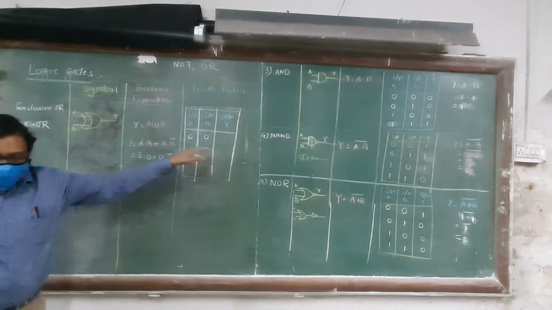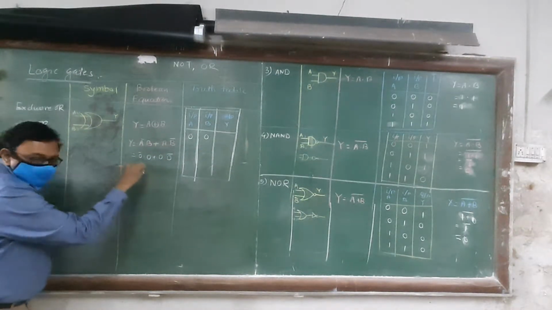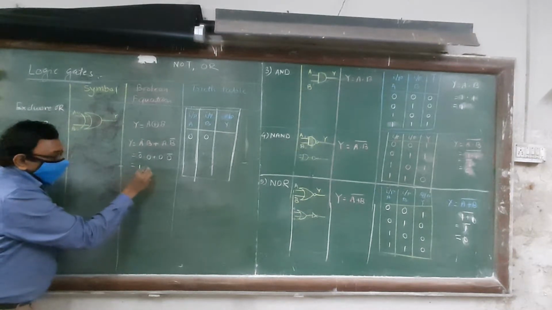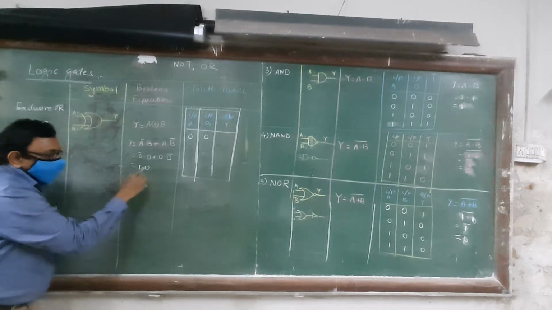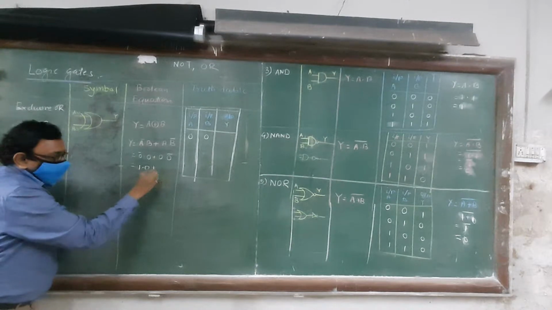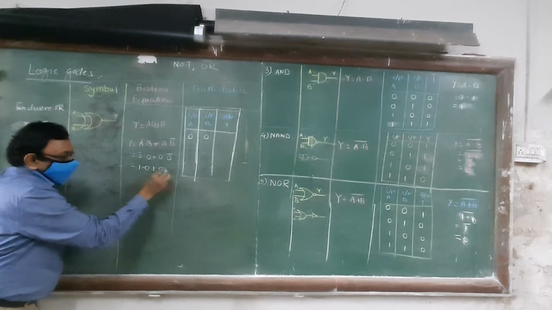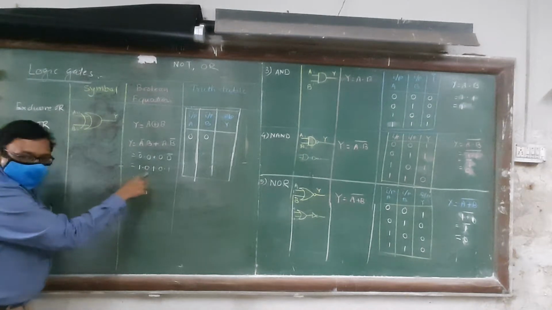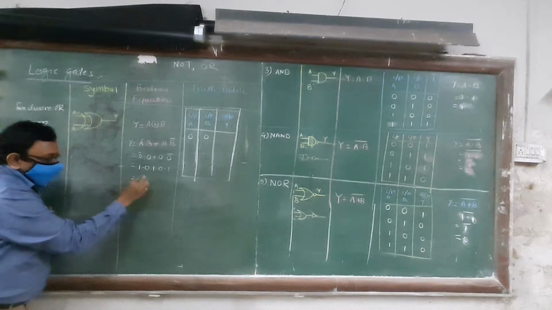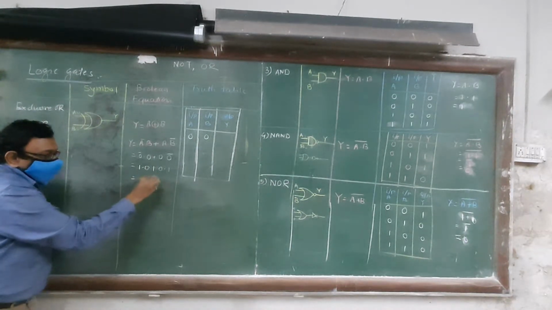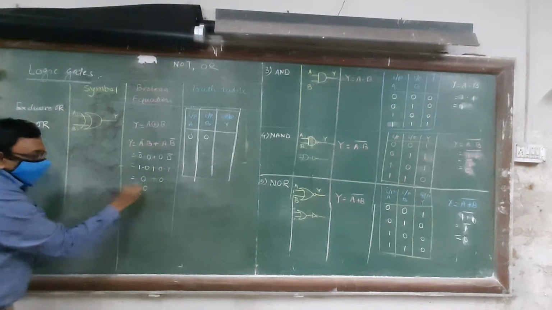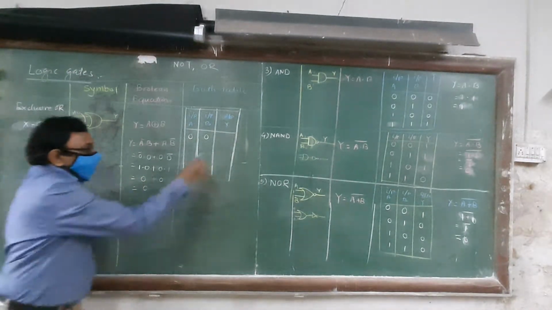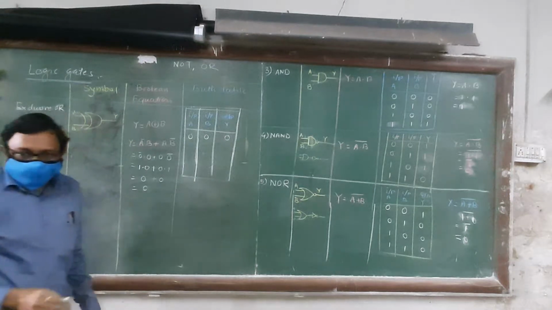The next step, 0 complement is 1, so 1 and 0, or 0 and 1. Mathematically 1 into 0 is 0, 0 into 1 is 0. Then the output is also 0.